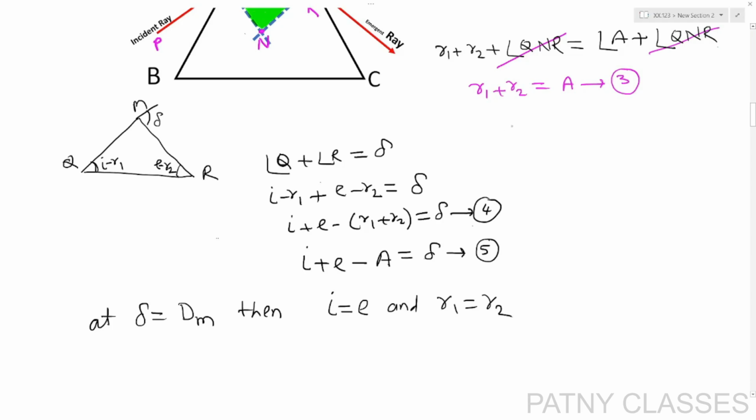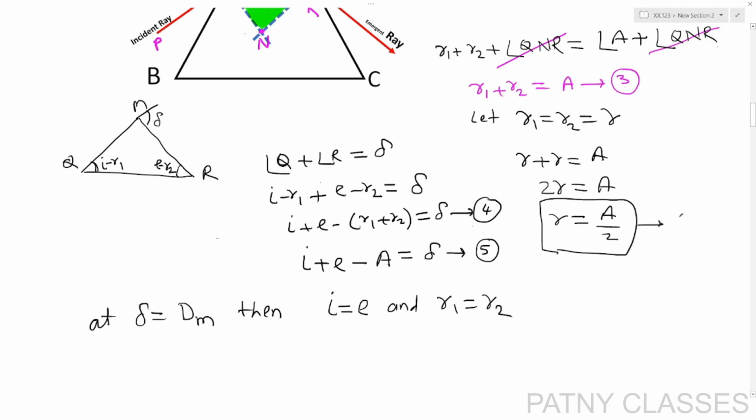So at the angle of minimum deviation, R1 equals R2; let R1 equals R2 equals R. Therefore, R plus R equals A. Therefore, 2R equals A. Therefore, the angle of refraction R equals A upon 2.